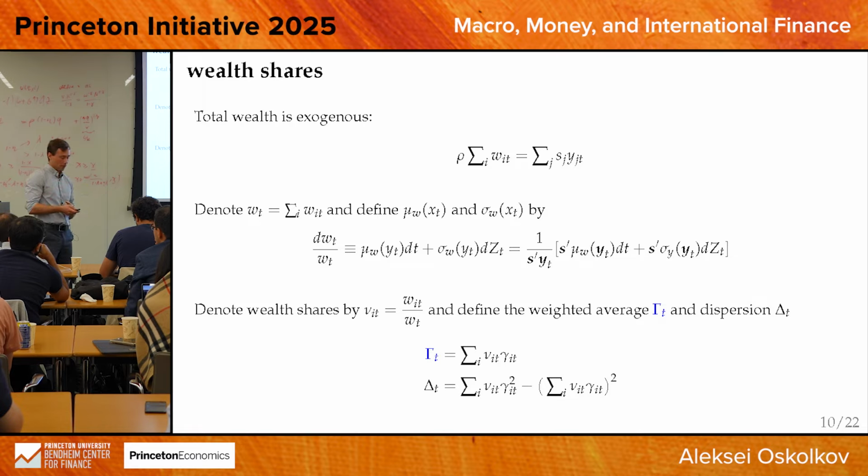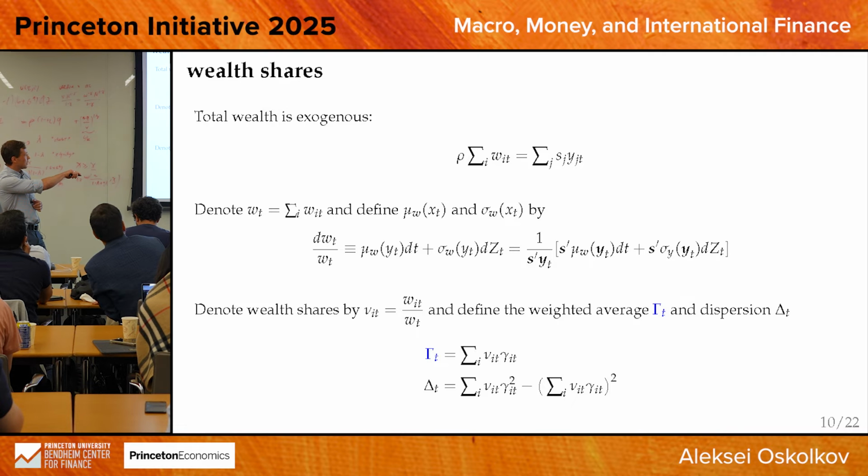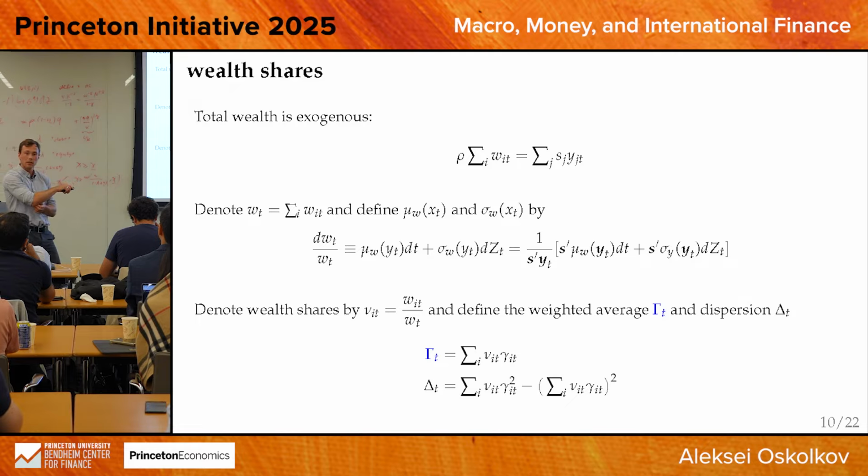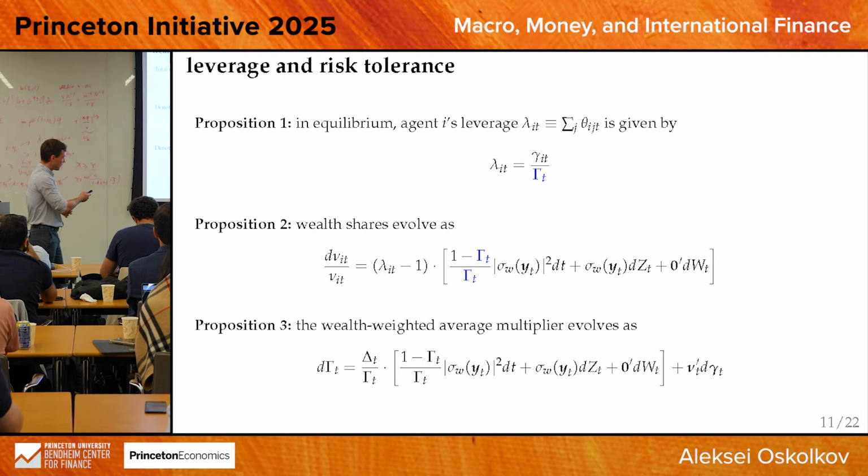What those shocks are going to do to this aggregate risk tolerance is change gammas directly, and also potentially redistribute wealth between people with different gammas. But the gamma shocks W, are they idiosyncratic or aggregate? Everything is aggregate. No idiosyncratic shocks here. The next slide is going to show you why. Maybe not that important.